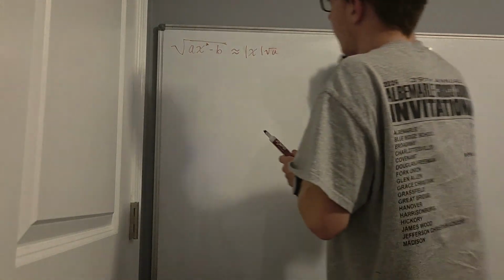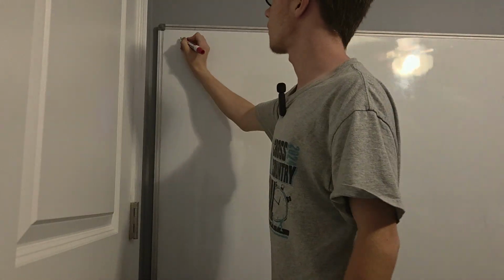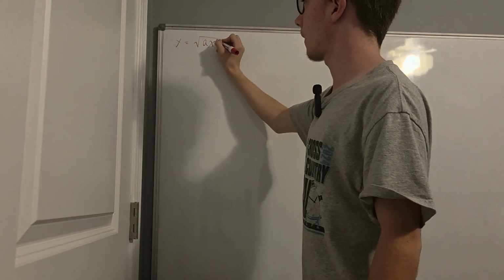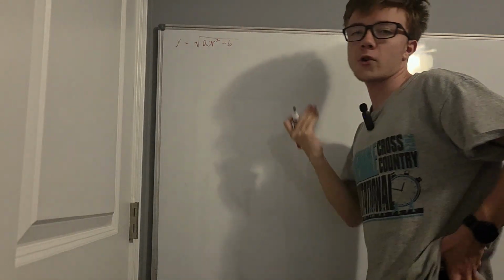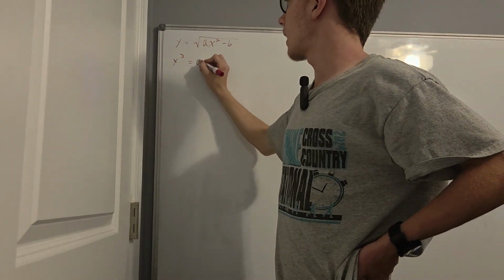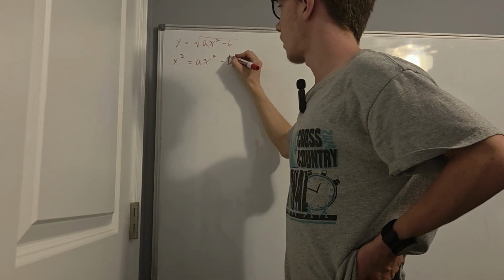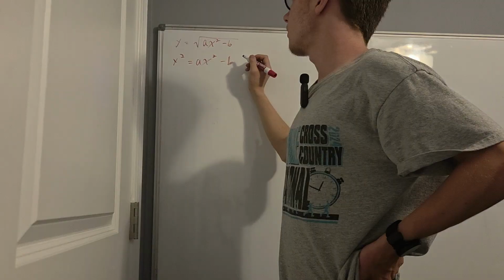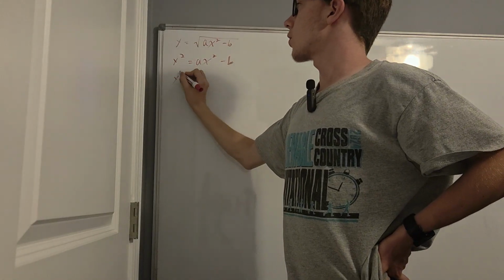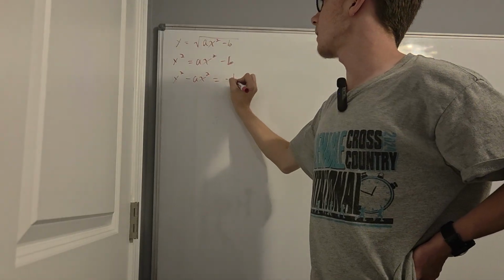So we have a function y is equal to the square root of a x squared minus b. First, I'm going to square both sides: y squared equals a x squared minus b. And then I'm going to move the a x squared to the other side, so we're at y squared minus a x squared equals negative b.